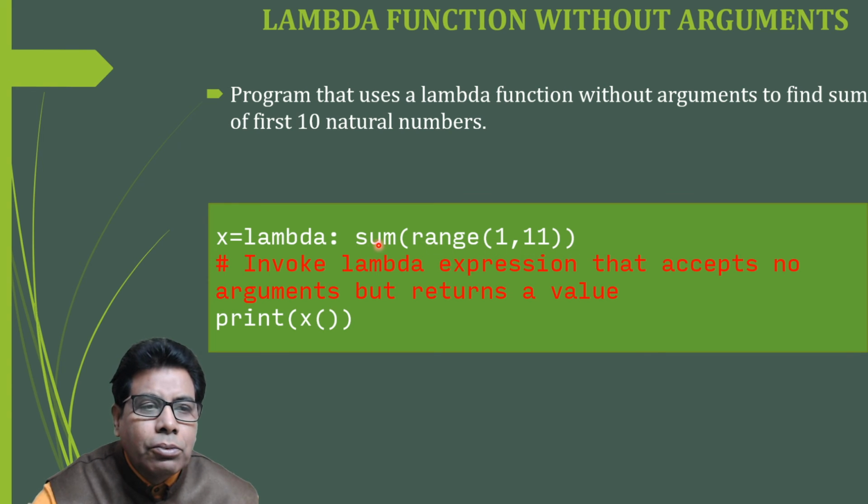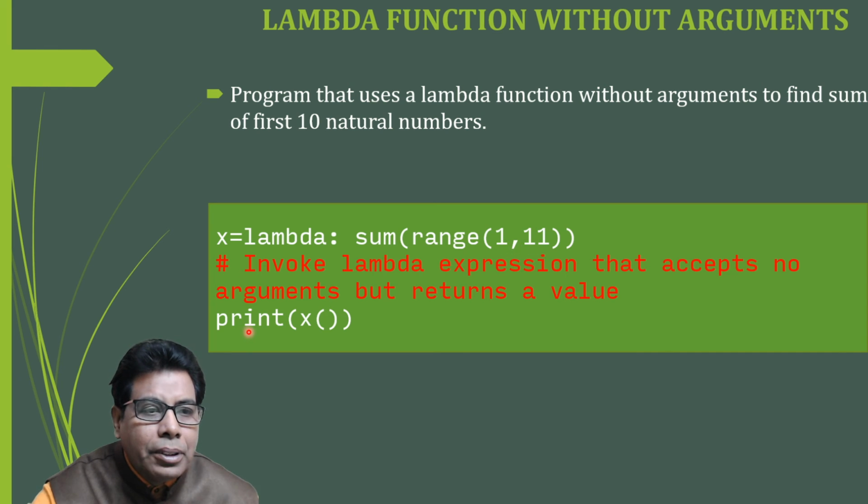So in the expression we have used a built-in function sum to find the sum of the first 10 natural numbers. So range is given as 1 to 11. So it will find the sum of the first 10 natural numbers.